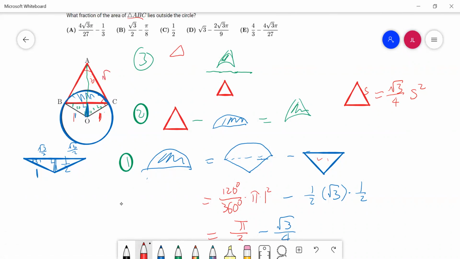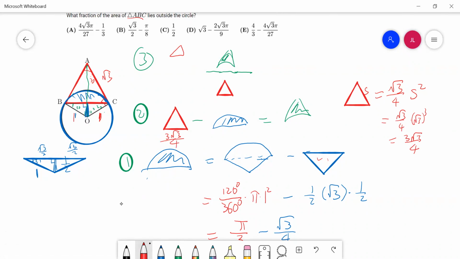This is going to be square root 3. The side length is actually equal to square root 3. So the area is square root 3 over 4 times square root 3 squared, which is 3 square root 3 over 4. I'm going to put here, this is 3 square root 3 over 4.